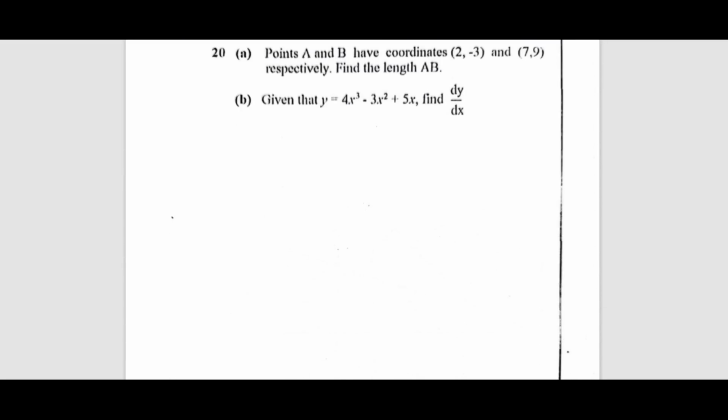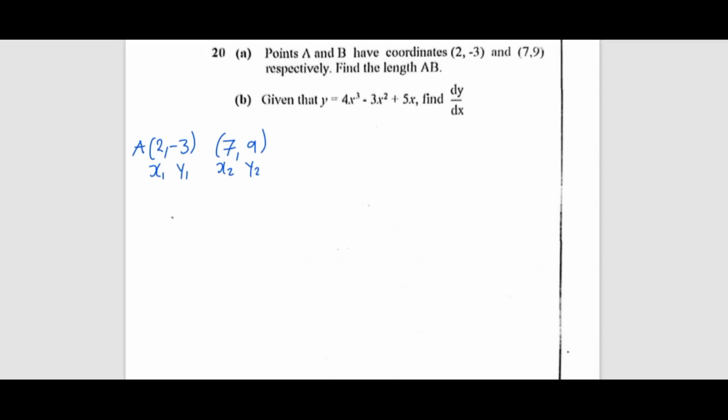So we go to question 20. Points A and B have coordinates (2, -3) and (7, 9) respectively. Find the length of AB. We are looking for the length of a straight line. So it's 2, -3 as x1, y1, then we have 7, 9 as x2, y2.